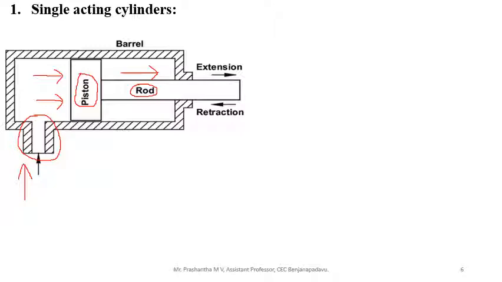This stroke is called the extension stroke. After completion of the work, the piston returns to its original position by gravity, weight, spring force or any mechanical means. The piston travels inward; that stroke is called the retraction stroke.